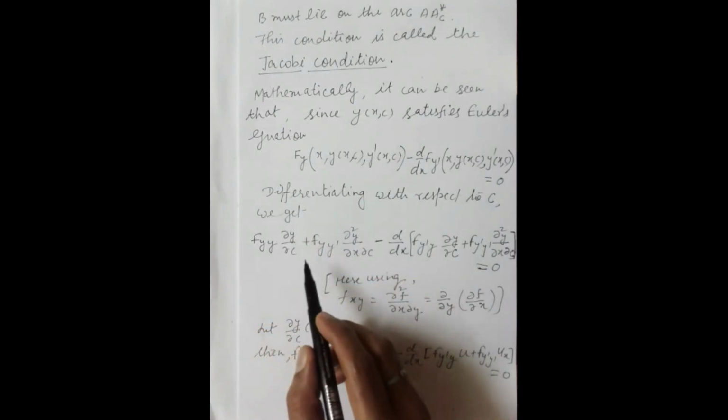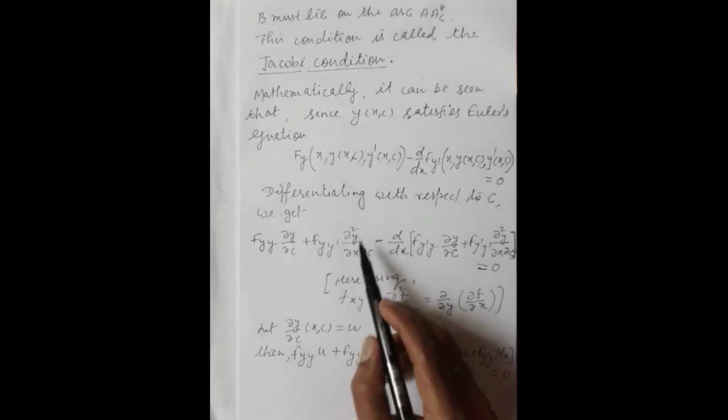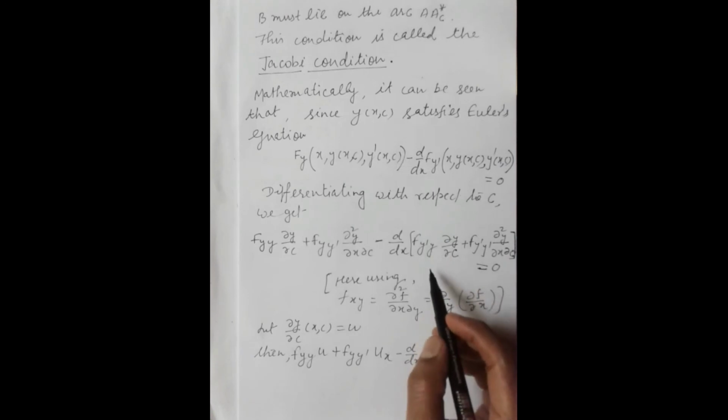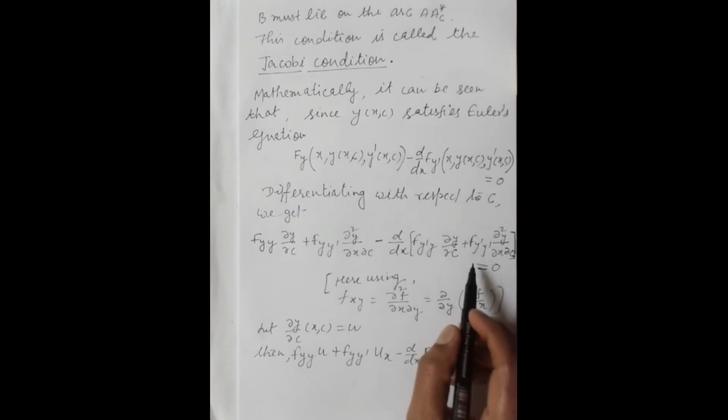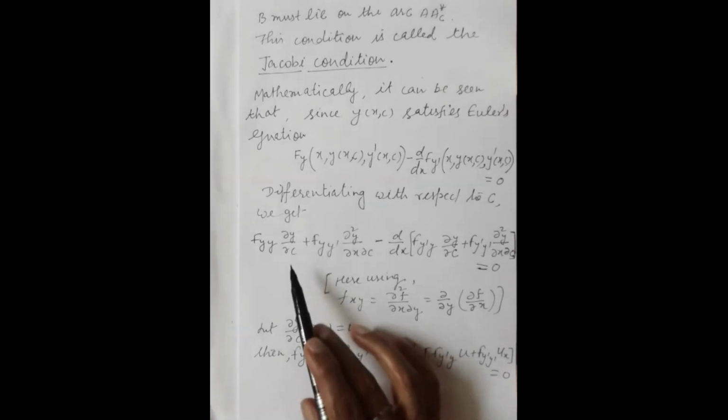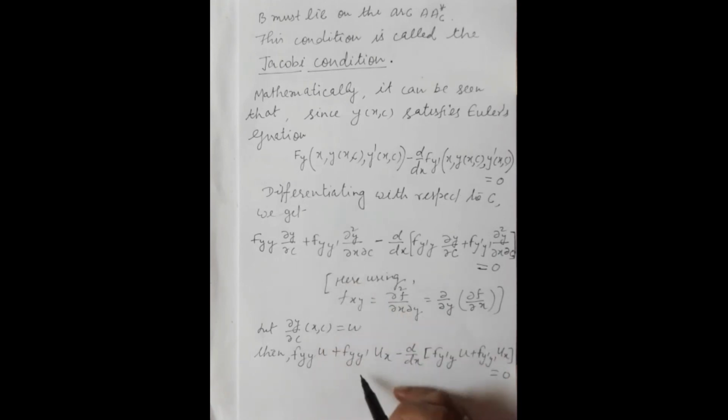Fyy ∂y/∂c plus Fyy' ∂²y/∂x∂c minus d/dx of (Fy'y ∂y/∂c plus Fy'y' ∂²y/∂x∂c) equal to 0. Let ∂y/∂c equal to u. Then we have Fyy u plus Fyy' ux minus d/dx of (Fy'y u plus Fy'y' ux) equal to 0.